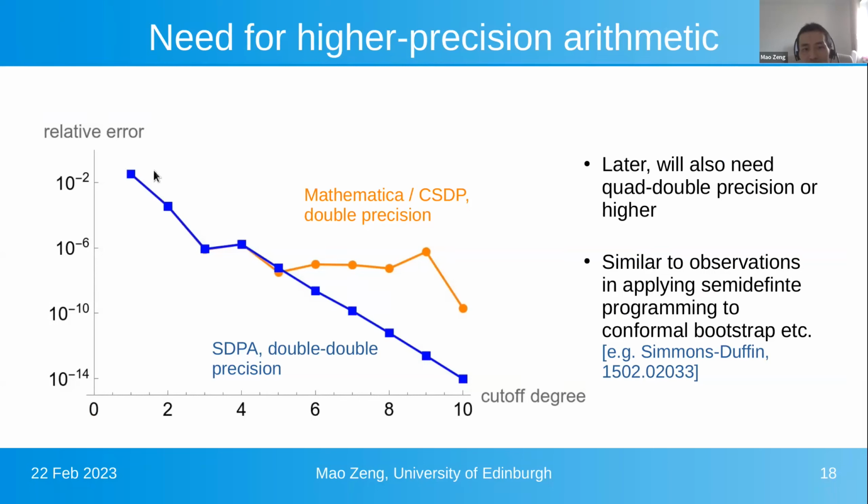And I have to use double the usual machine precision to continue this exponential convergence. That's similar to what people have observed. And in some later examples, I will also go to quadruple the usual machine precision. And all this is available in the SDPA software.